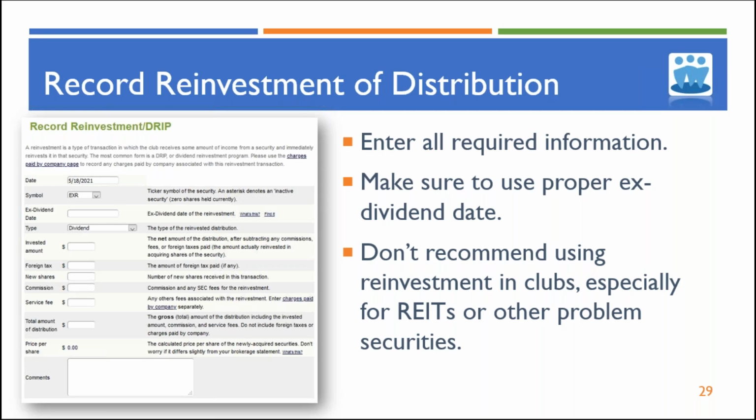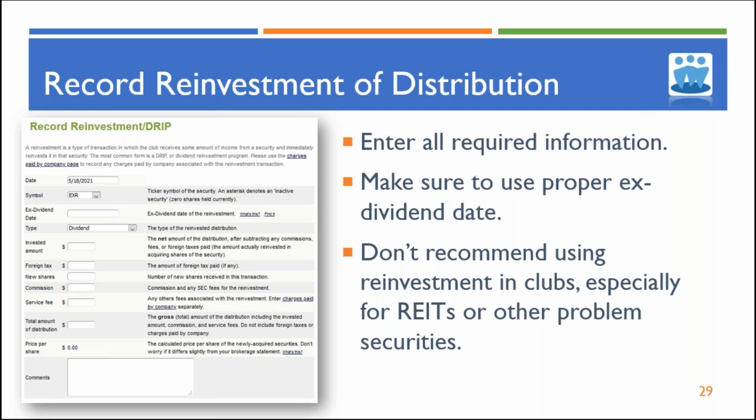Again, my recommendation is avoid using dividend reinvestment. Take the dividends as cash, add them to your pool of capital, and invest in your next security, because you're going to have a lot of issues when it comes time to sell the security and reconcile all the different tax lots. It's going to get complicated very quickly.